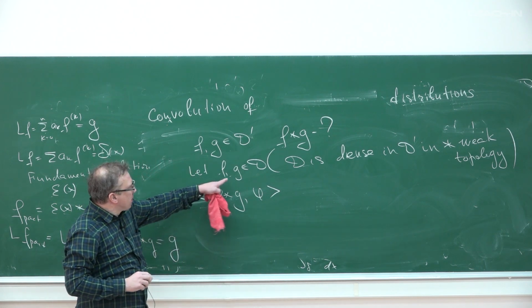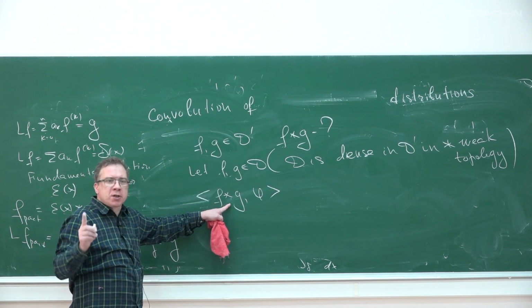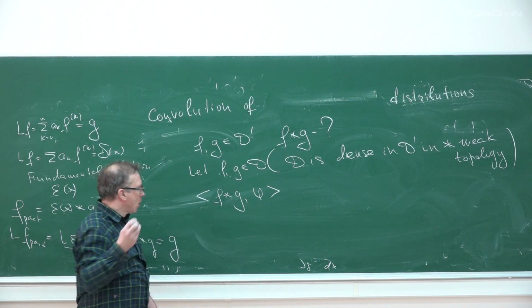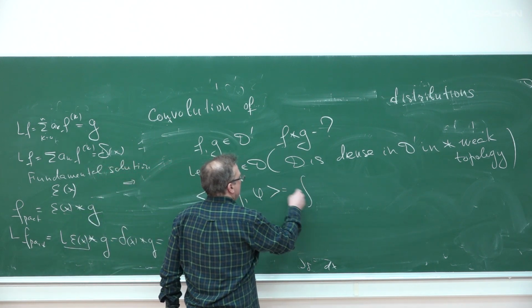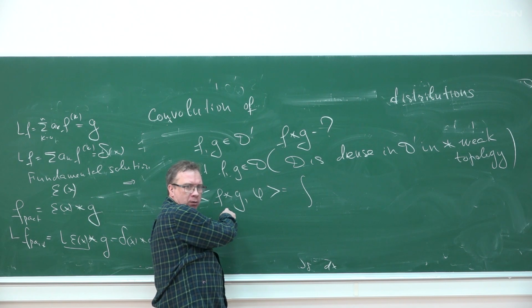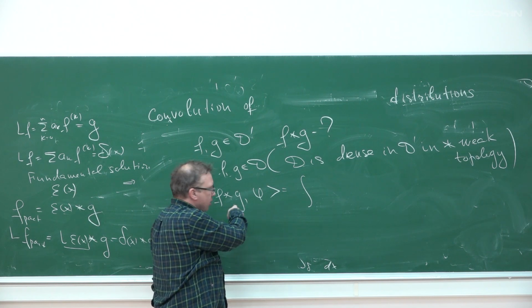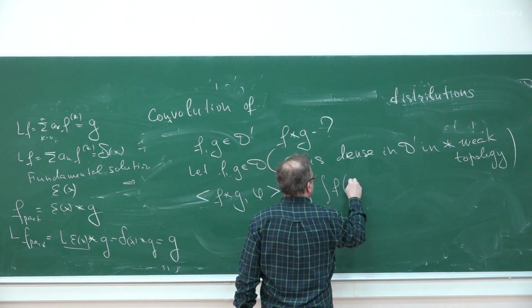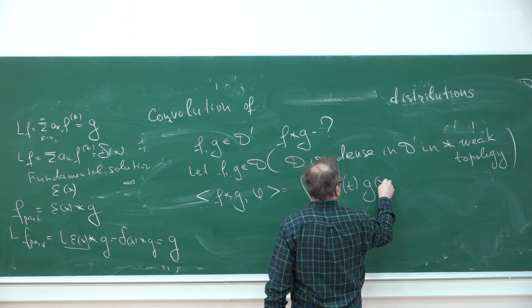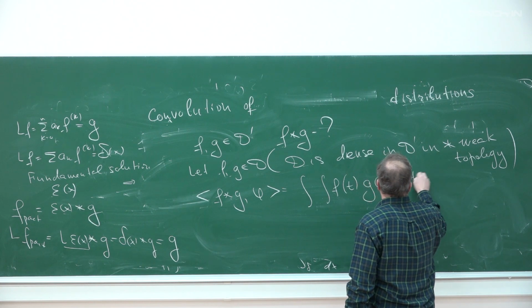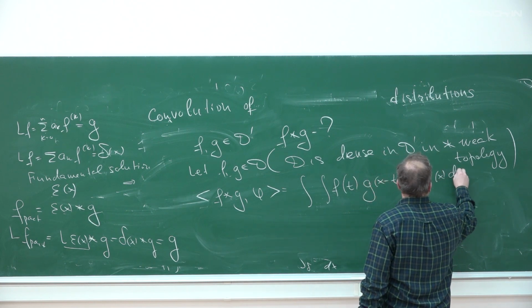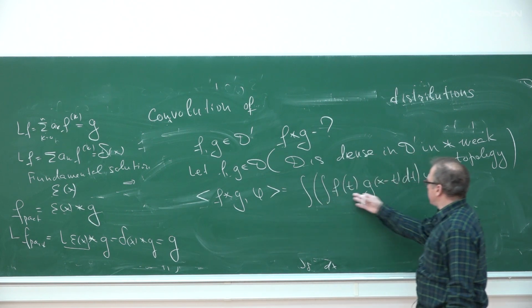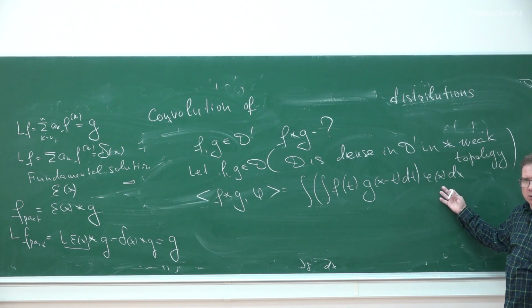I want to obtain that the convolution of distributions is a distribution. How can we do it? If they are regular distributions, the action is an integral. This is the convolution, this is the action of the operator.